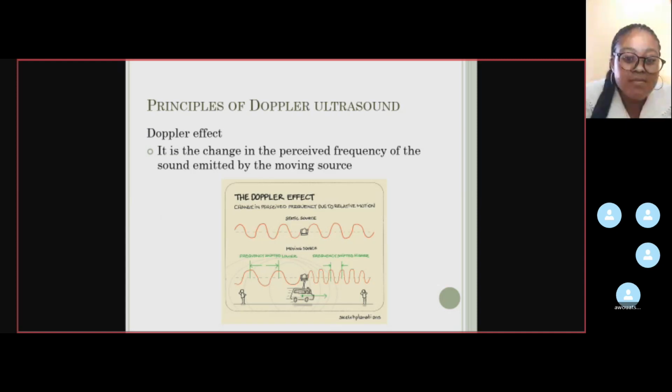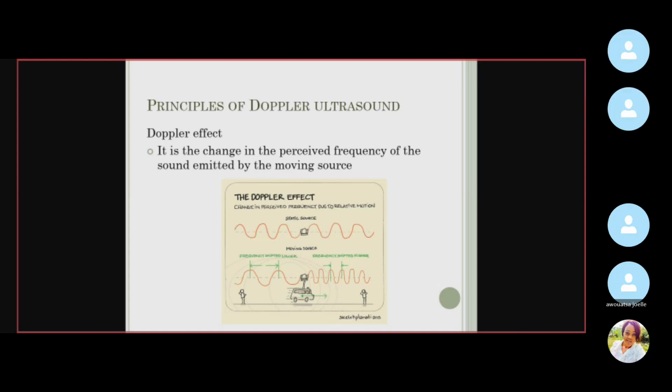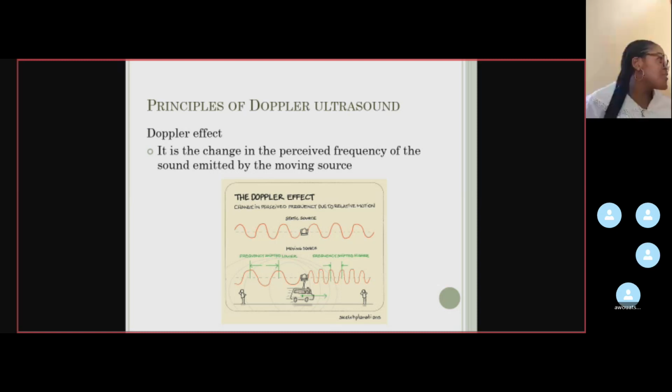Okay, so what happens is whenever an ambulance passes us, we hear the sound frequency of that siren decreasing whenever it goes away from us; we will hear the reduced sound. But whenever it is coming closer to us, we hear the sound frequency of that siren very high. So on the same principle, we do Doppler ultrasound. In the picture above, there is the ultrasound wave, which has troughs and crests.